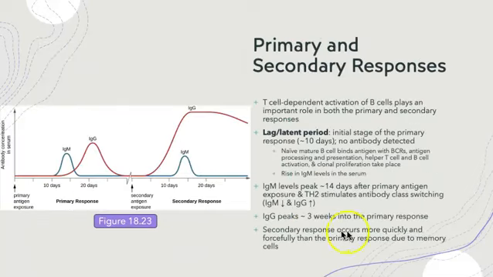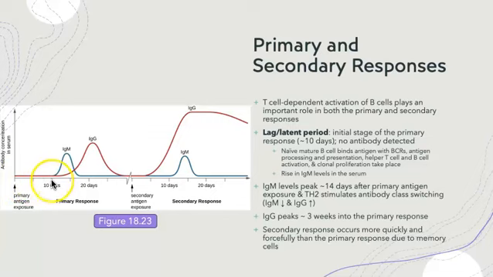Now let's review our primary and secondary responses. That T cell dependent activation of our B cells is going to really play into this secondary response here. Now notice when we have our primary response, we have this lag or latent period in which no concentration of antibodies is being detected.